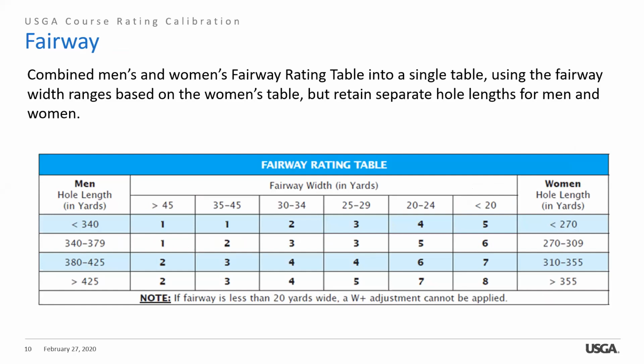So the fairway table is now just one combined table, which is nice, especially if you've bounced back and forth between men's and women's tees. Sometimes you just get in the habit of looking at the wrong color table. So now it's just one combined table, and we've seen this combined concept in other tables, but now it will be at the fairway.